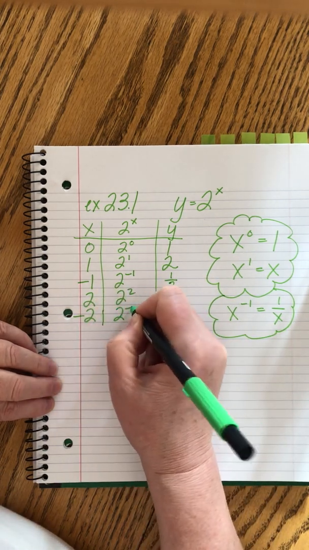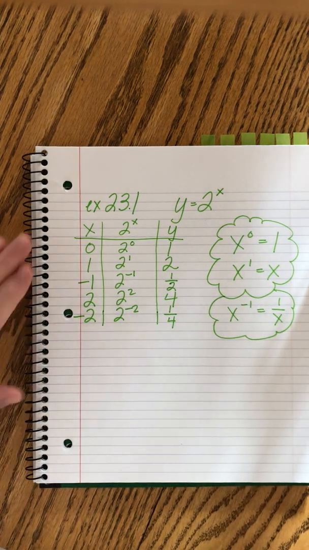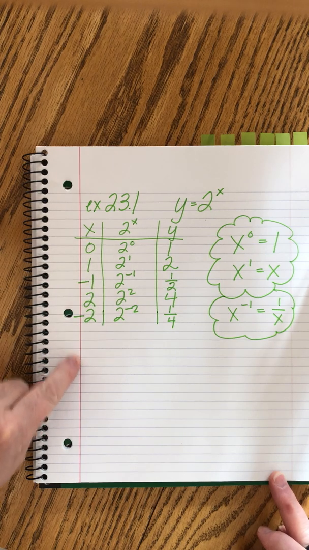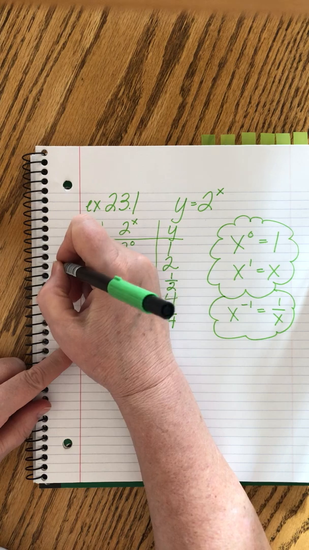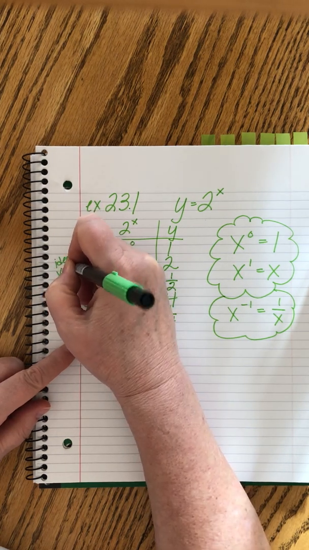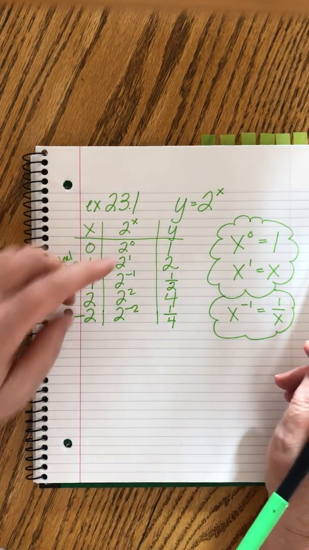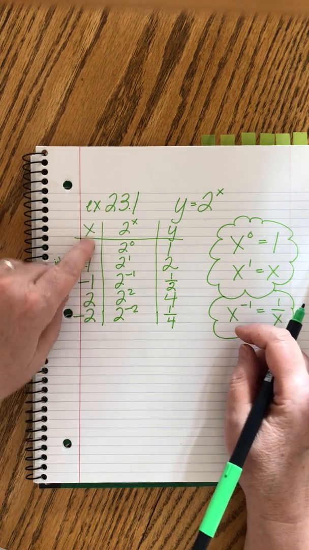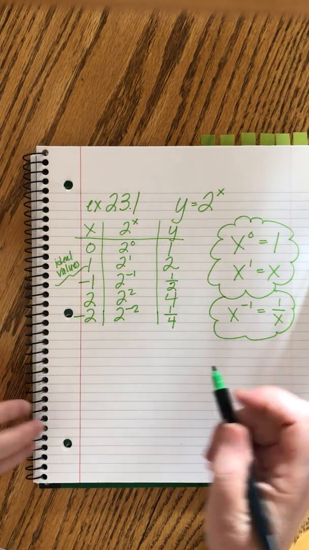Minus 2. That would be 2 to the minus 2, and that would be 1 over 4. Okay. May I suggest that whenever you're doing exponential functions, these are wonderful values. I'm going to go so far as to call them ideal values to use for an exponential function, all right? So if you ever have a function that has a variable in the exponent, start thinking in terms of these independent variables to plug in and solve. Now we're ready to graph.